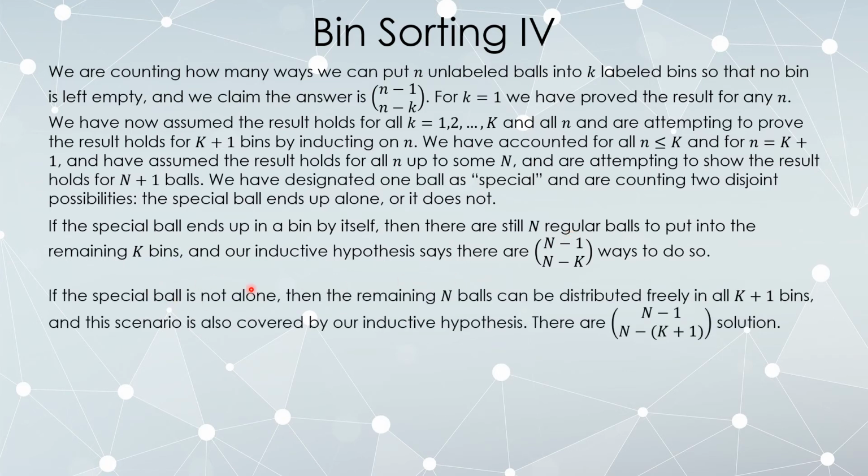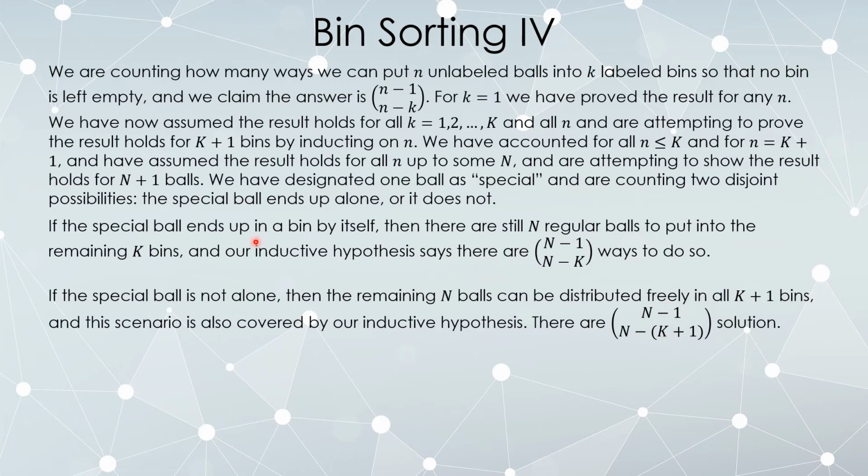What if the special ball is not in a bin by itself? The remaining n balls can go into any of the bins, including the one that was containing the special ball. And in fact, one of these balls has to go in there, because the special ball was not by itself. That's equivalent to saying that none of the bins can be left empty. Even the one that had the special ball is going to have to get at least one of the remaining ones. So this scenario is also covered by our inductive hypothesis, because even in the case of having K plus 1 bins, we've inductively assumed that up to capital N balls is covered by the desired formula.